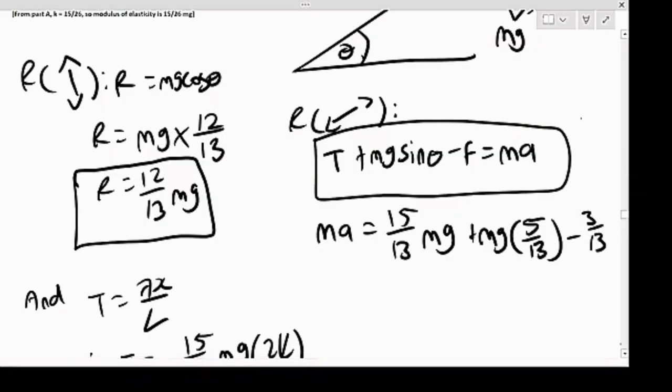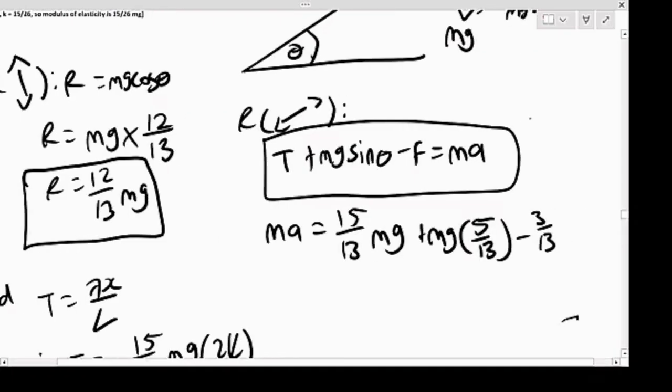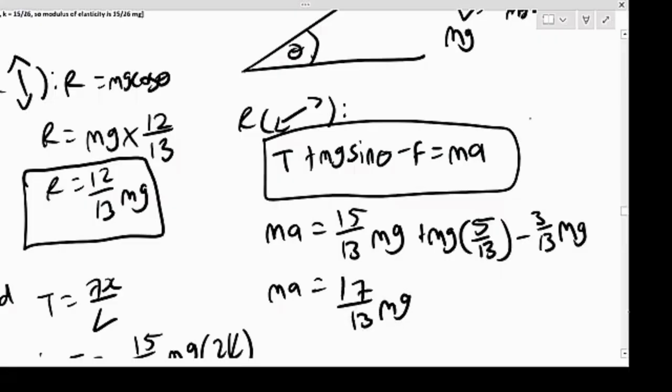So if we simplify this, we get MA to be, well, we can add all the mg's together, right? So we have 15 over 13, add 5 over 13, take away 3 over 13. Okay, so in total we have 17 over 13 mg.